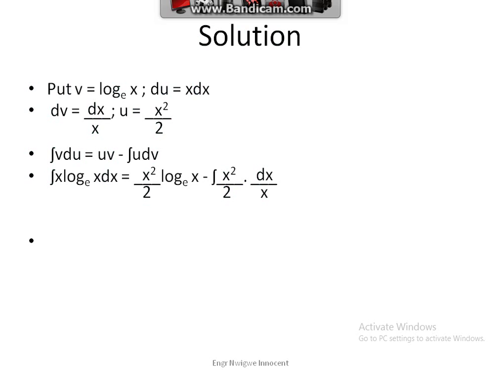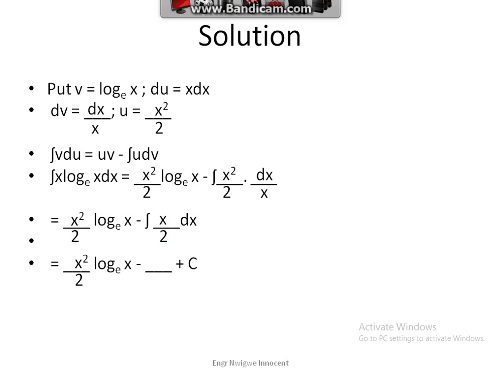Therefore, all we now have is s squared over 2 log base e of s minus the integral of s over 2 ds. Then what we now have is s squared over 2 log base e of s minus s squared over 4 plus c.